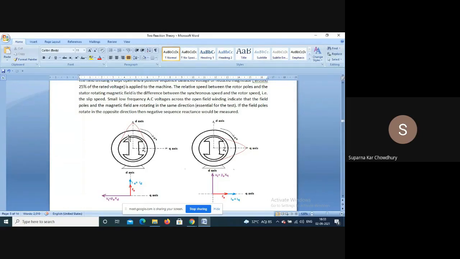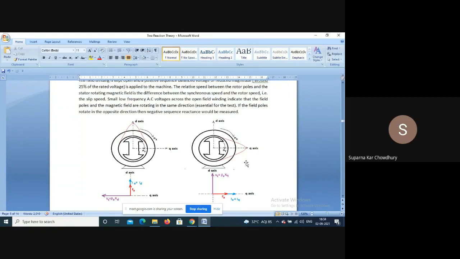So to produce a constant flux, the machine draws a small magnetizing current. So current will be small. But say for a two pole machine, after 90 degrees, when the MMF is coincident with the quadrature axis, then the air gap is quite large.